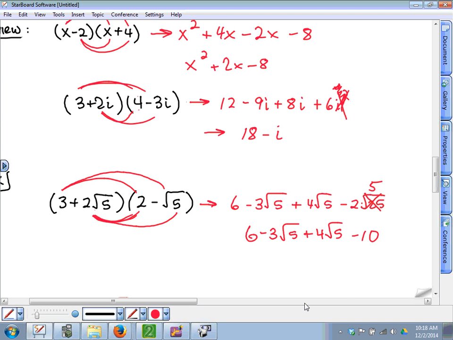Anything combined? Negative 3 root 5 can add to 4 root 5 because it's the same index and the same radical. What about the 6 and the negative 10? That can combine into negative 4. 6 minus 10 is negative 4. And then negative 3 root 5 plus 4 root 5.